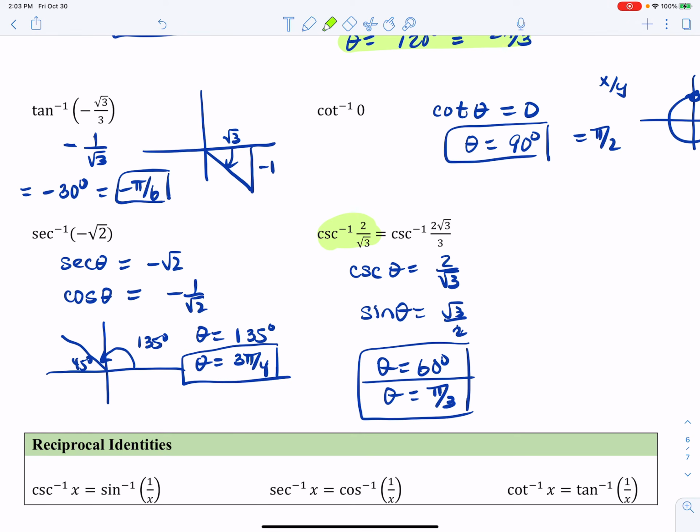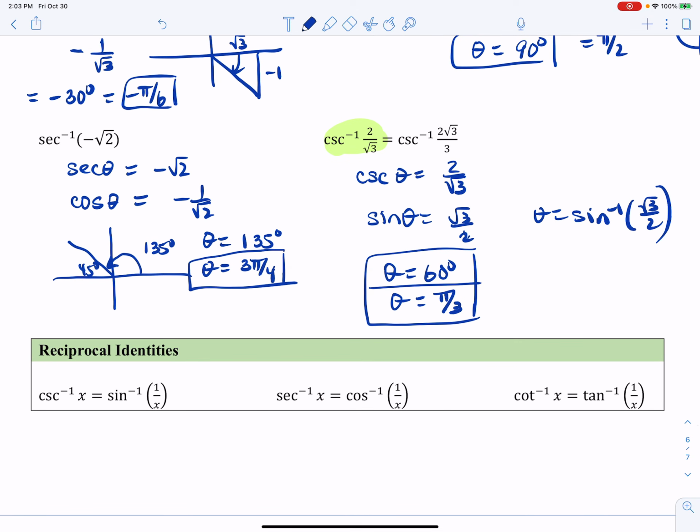It was the same as the sine inverse of root 3 over 2. So basically, an inverse trig function of x is the reciprocal inverse trig function of the reciprocal. So there's 3 more identities to know and use.